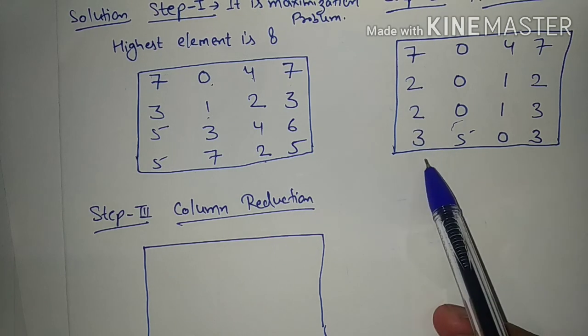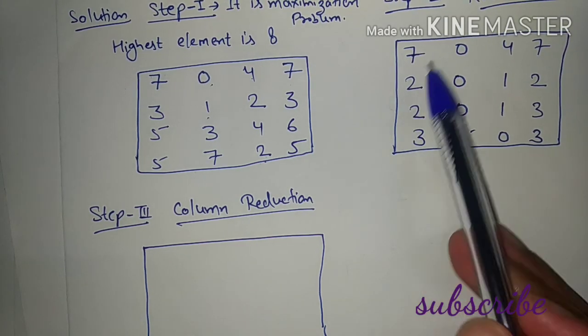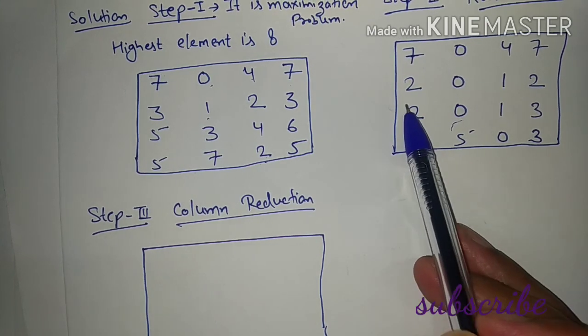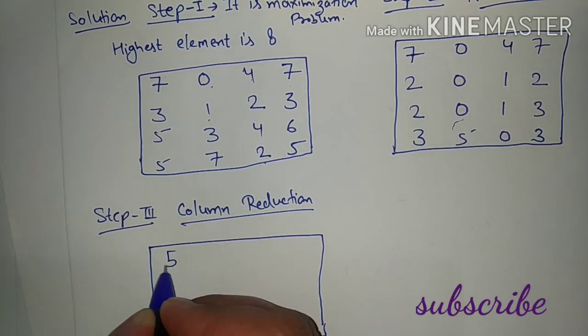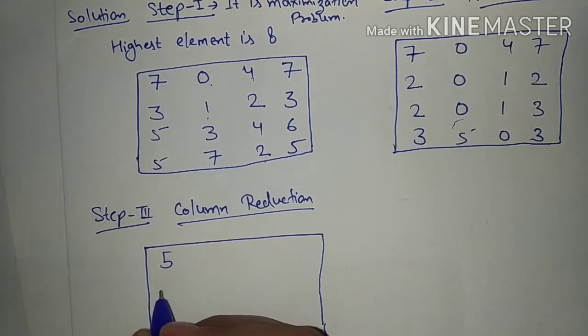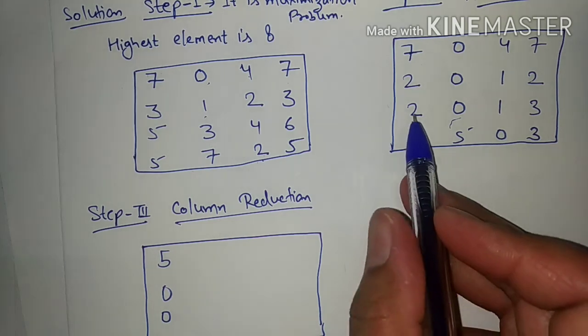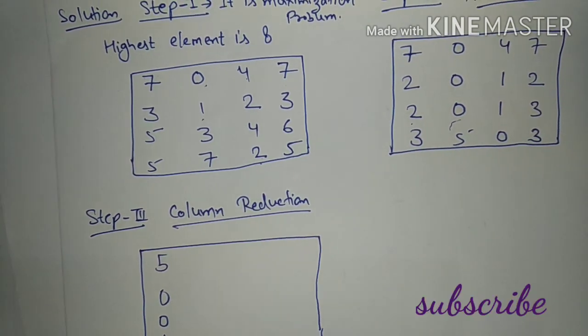In column 1, the minimum element is 2, so let us subtract 2 from each element of column 1. 7 minus 2 equals 5, 2 minus 2 equals 0, 2 minus 2 equals 0 and 3 minus 2 equals 1.